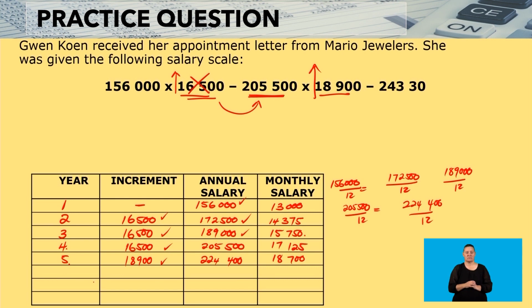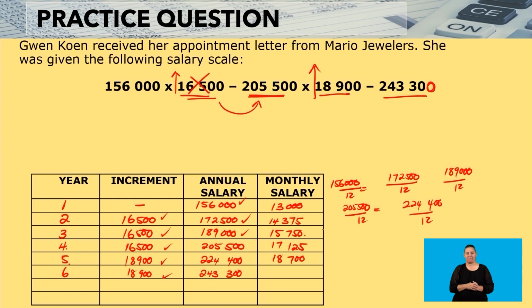In year 6, she is still getting an increase of 18,900. So I'll say 224,400 plus the 18,900, and then I will now get 243,300, which is this one here.